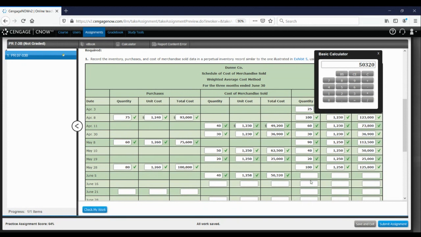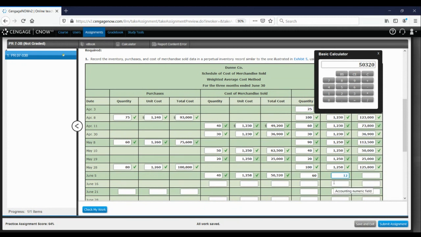What you have remaining in your inventory is 60 units. I'm getting that from 100 units that I had left on May 28th, and then I sold 40 more of those units. So what I have left on hand is 60 units.